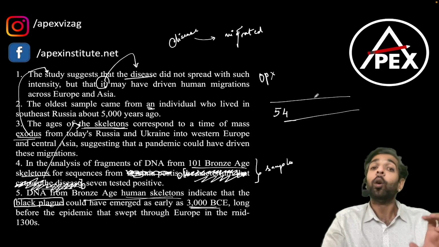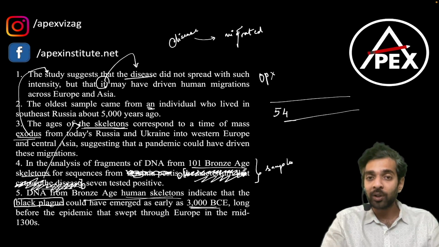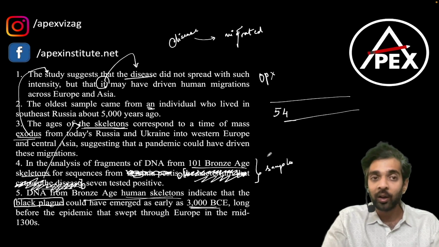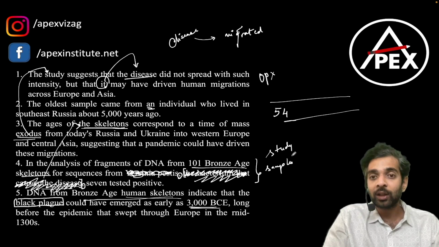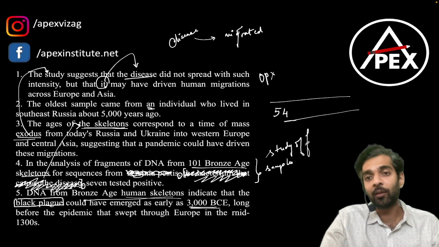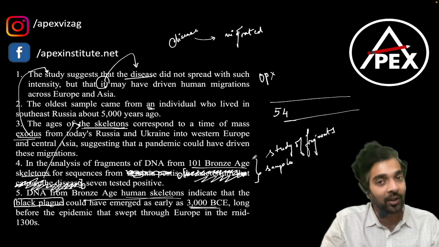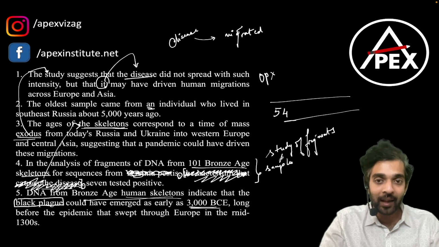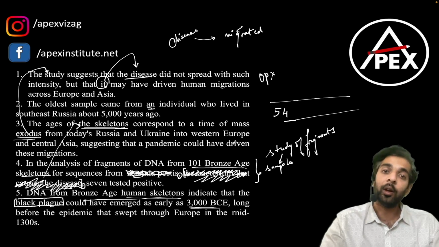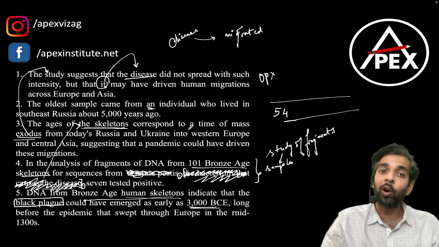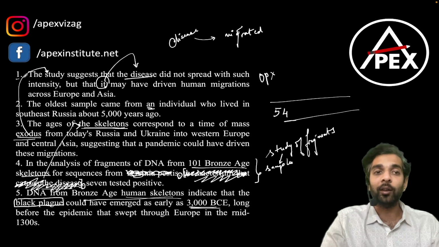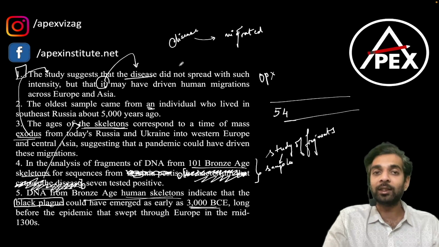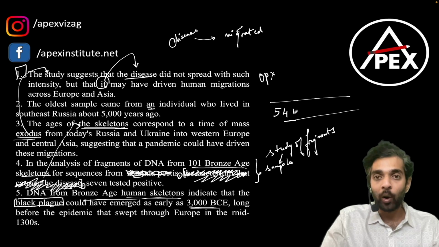But what is this whole statement talking about? It's talking about a study of fragments, correct? So the more important part over here is the study of fragments and then the samples. So which other statement talks about the study of fragments or the study of the disease? 1, correct? So the next statement is going to become 1.